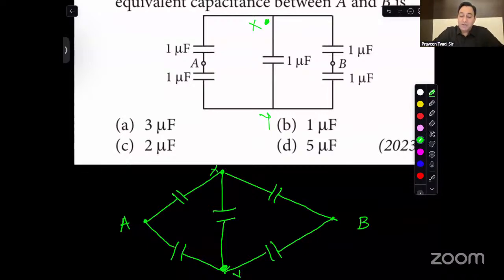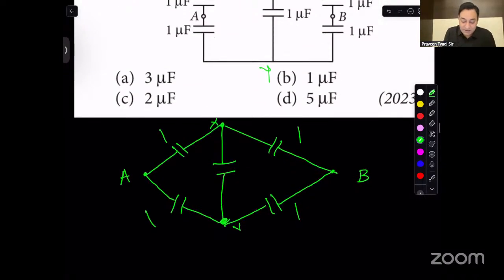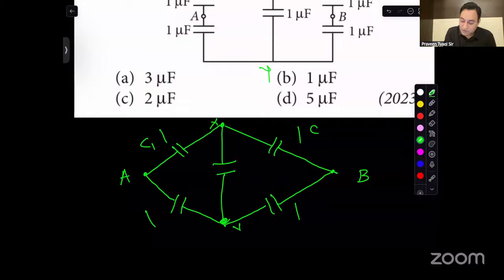Whenever a Wheatstone bridge is there, if you try to solve it with Kirchhoff's voltage law, the calculations will be lengthy, but finally you arrive at a result which can be told immediately. Just see this. If this is 1, this is 1, this is 1, this is 1 microfarad.